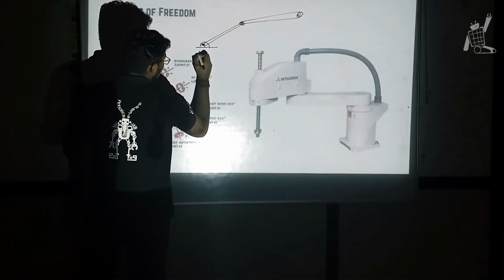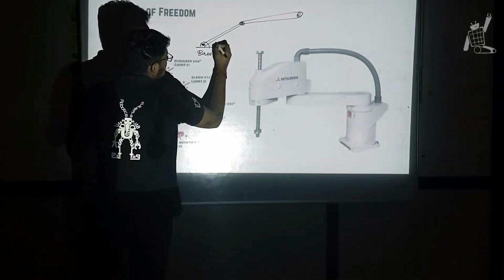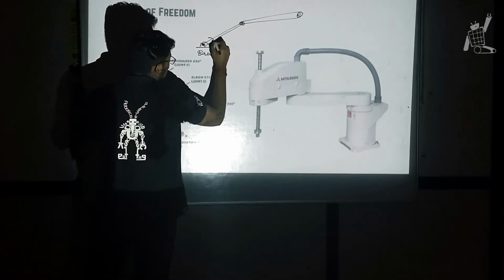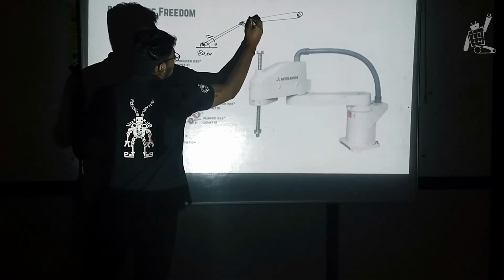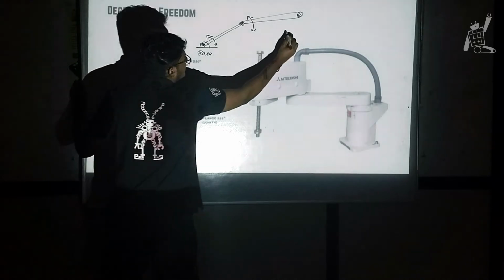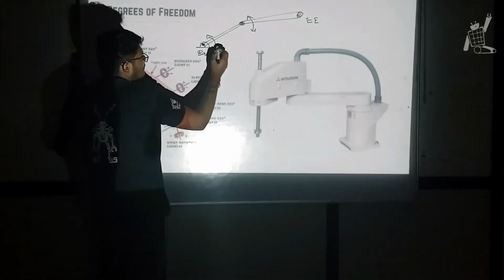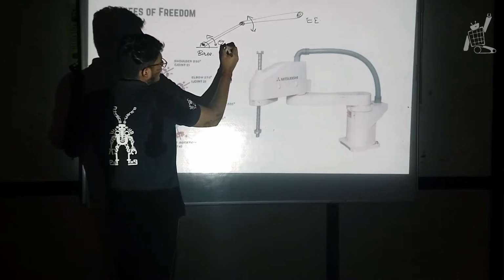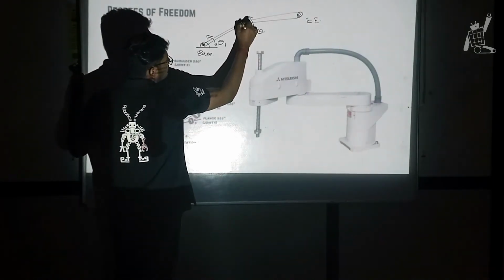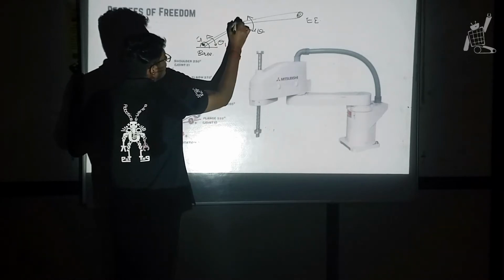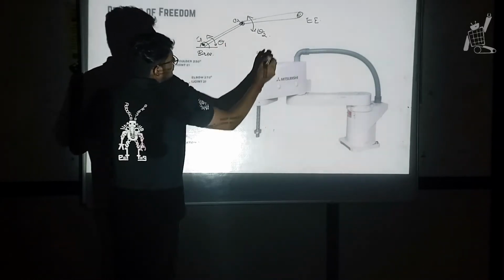This is a manipulator. This will be a joint, and there are also rotations there. Let it be moving at an angle theta 1. This is joint 1, this is joint 2. This joint will be moving at an angle theta 2.